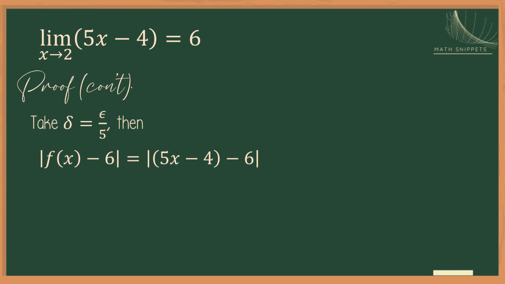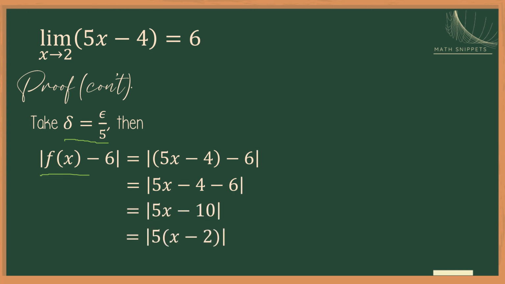With this value for delta, we should end up having this be less than epsilon. Okay, so let's continue with this algebraically. So this is less than delta, right? And our delta is epsilon over 5.